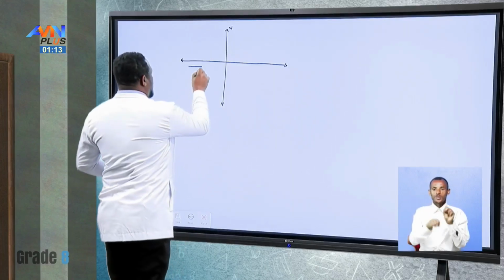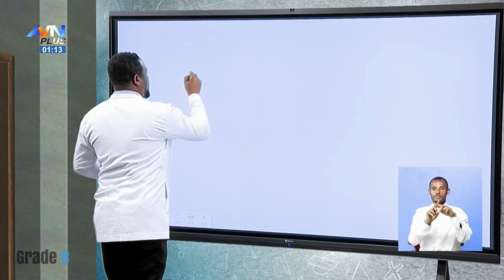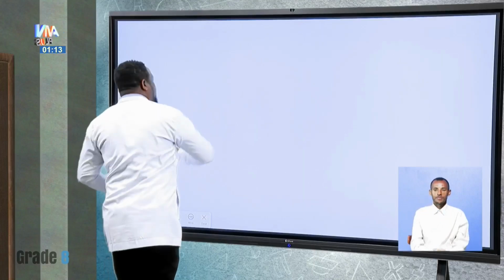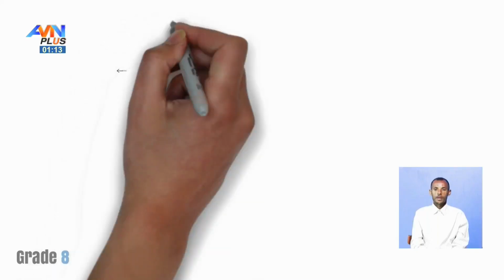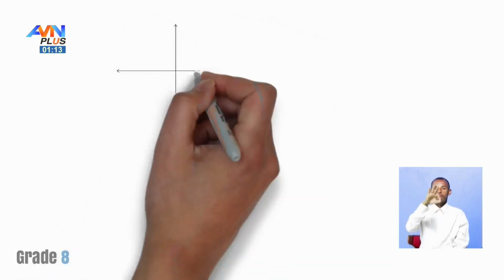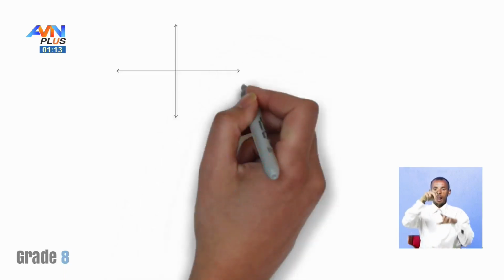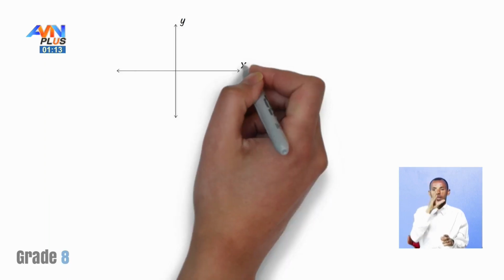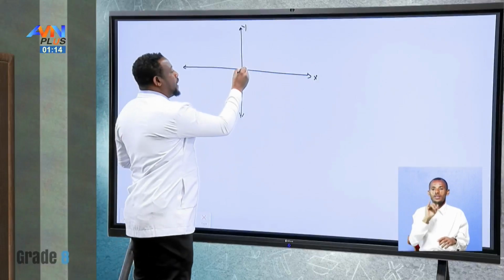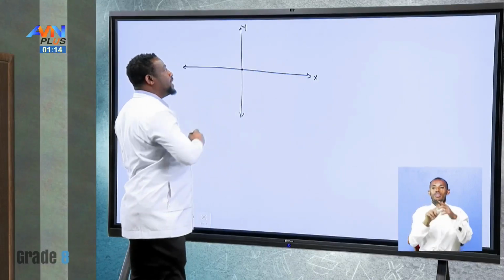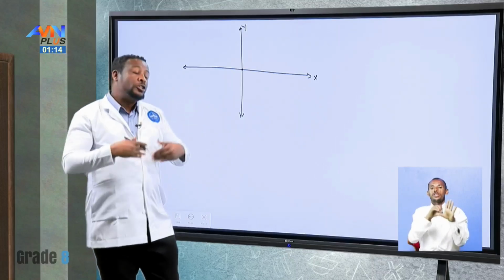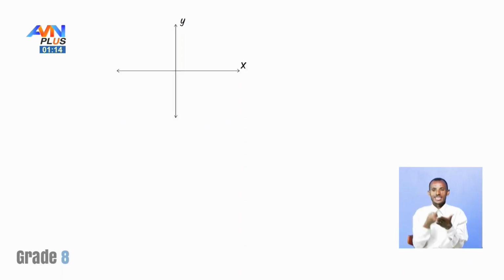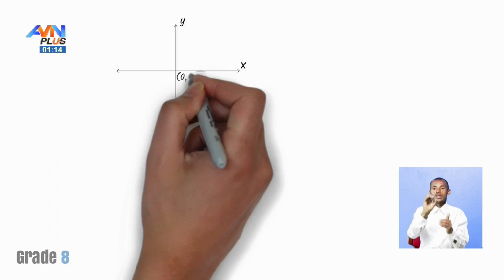So the vertical line is the y-axis and the horizontal line is the x-axis, and the point where these 2 lines intersect is called the origin. Usually this point is 0, 0, okay?